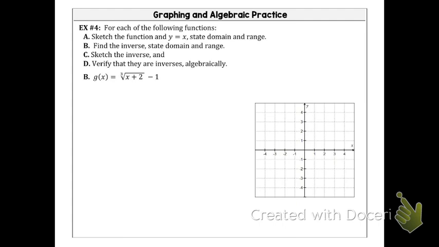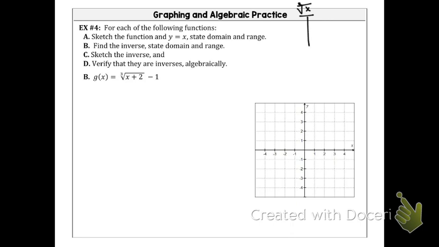All right, example 4, continued here. So we're going to do the same thing, just a different function. All right, so we're going to sketch the function, and y equals x, state the domain and range. So again, I'm going to come up here. This is a cube root function, so I'm going to have to think back. So the cube root of x, it also had a different table.